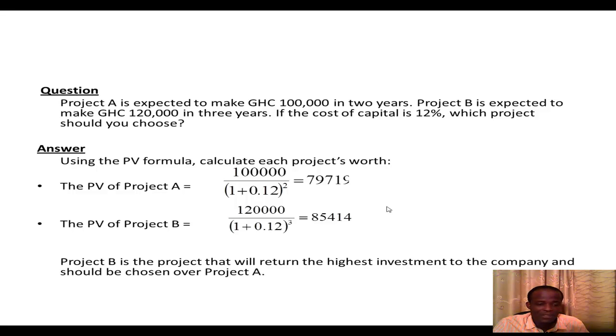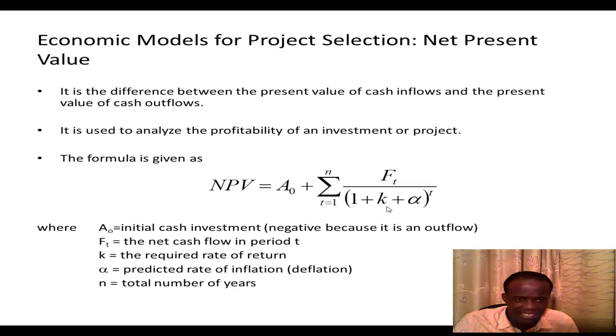Whereas project B takes 3 years, making 120,000 Ghana cedis, and with the cost of capital as 12% gives us 85,414 Ghana cedis. So in the light of this information, we realize that project B, since it will return the higher value, will be chosen over project A.